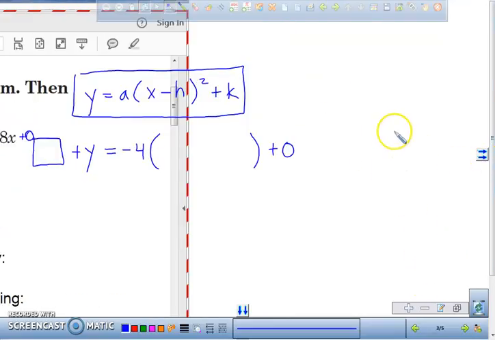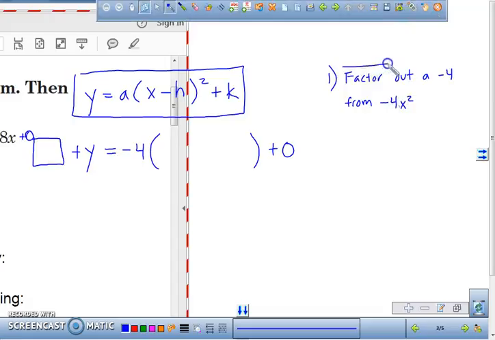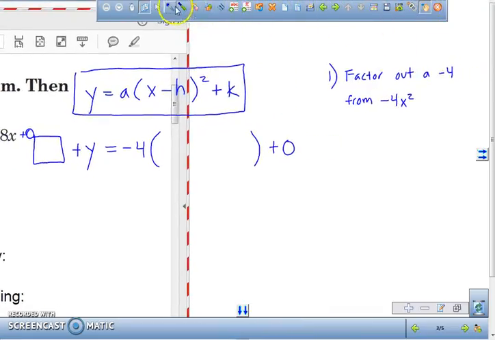All right. So now that you've done that, step number 1 is I want you guys to factor out negative 4 from the expression negative 4x squared plus 8x.